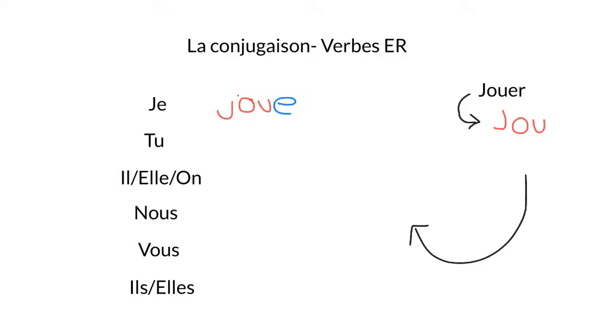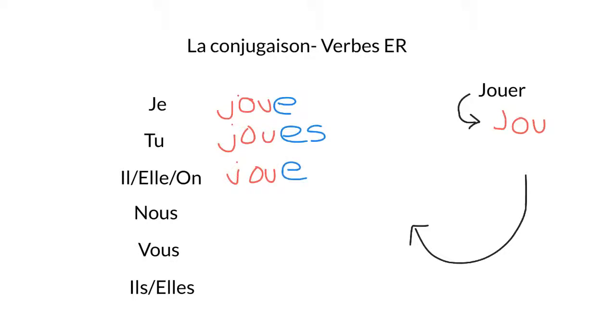And it just has a single E. I'm going to be adding the thing that changes in blue. For tu, it is tu joues. Notice how even though it has an S on the end, the pronunciation doesn't change, and it's a very common mistake in beginners to want to say the S at the end of the word. Il, elle, on, joue.